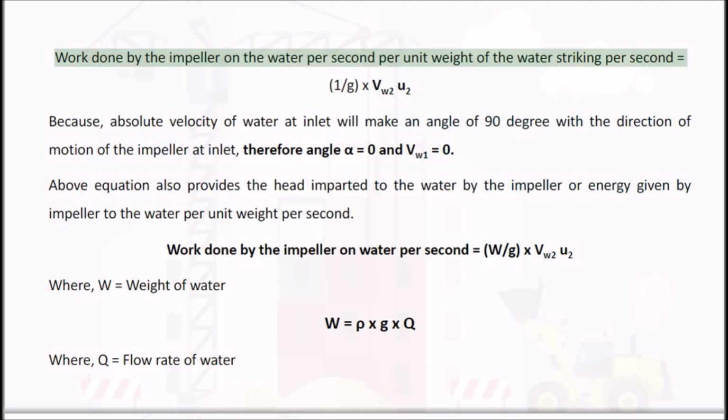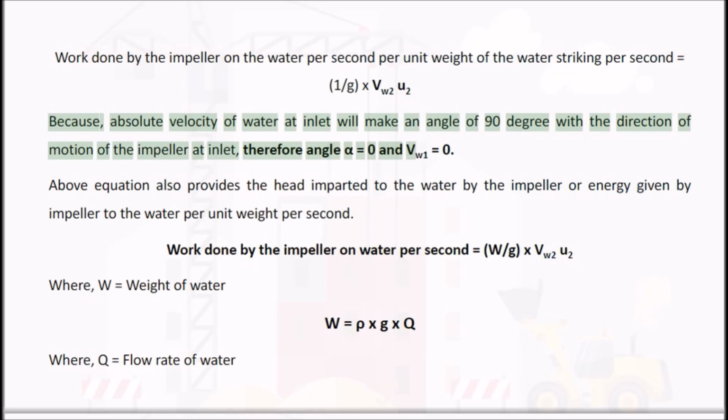Work done by the impeller on the water per second per unit weight of the water striking per second equals 1/g x V_W2 U2.